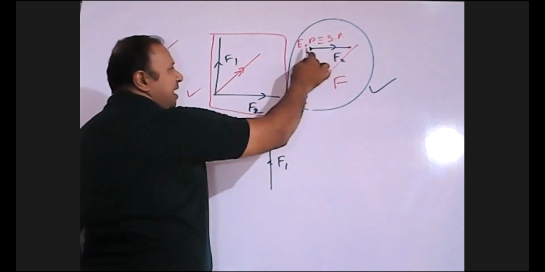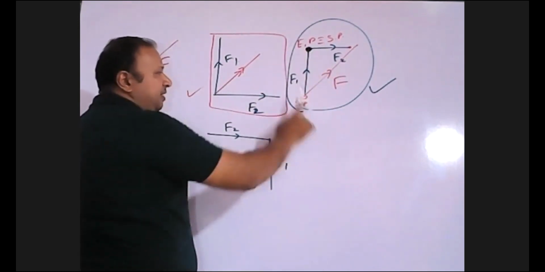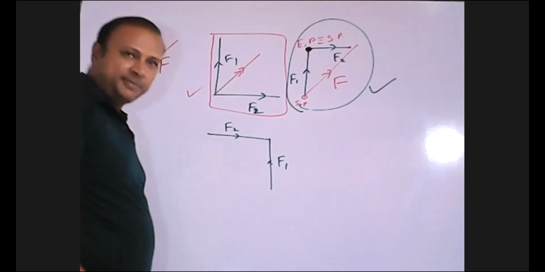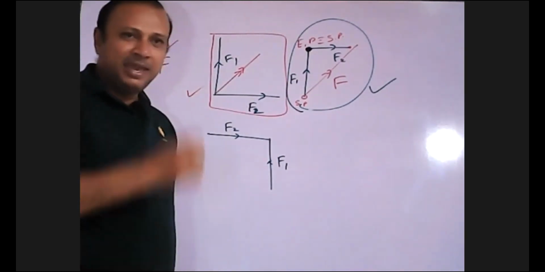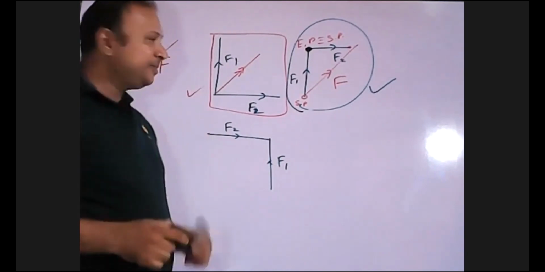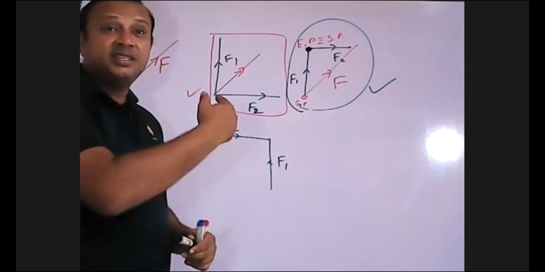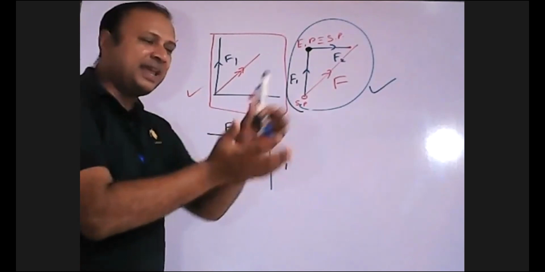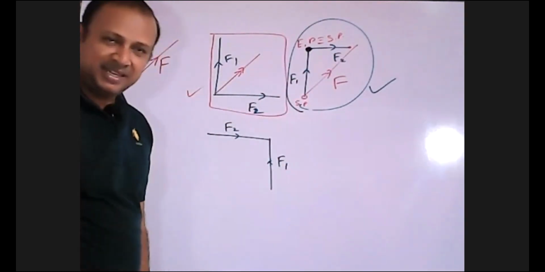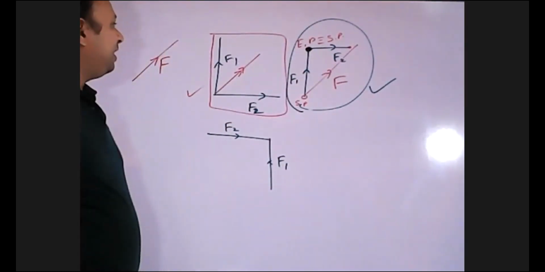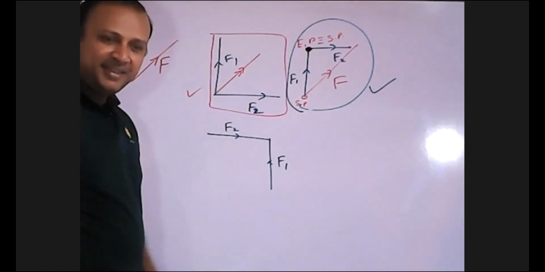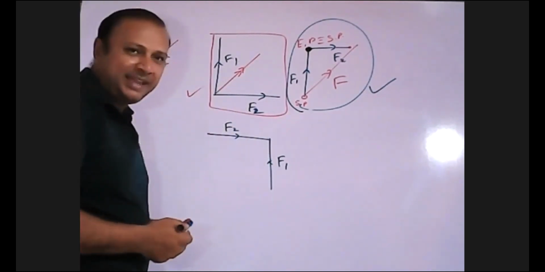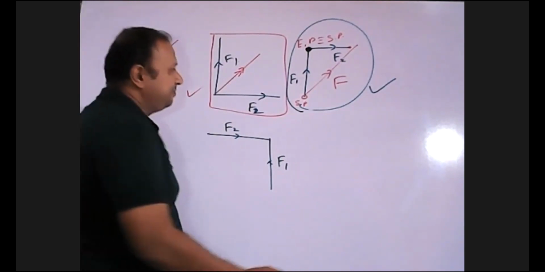The F2 force acts at this point, as well as the F1 force. So we can slide these two vectors until we have this kind of figure. How to slide those two vectors?